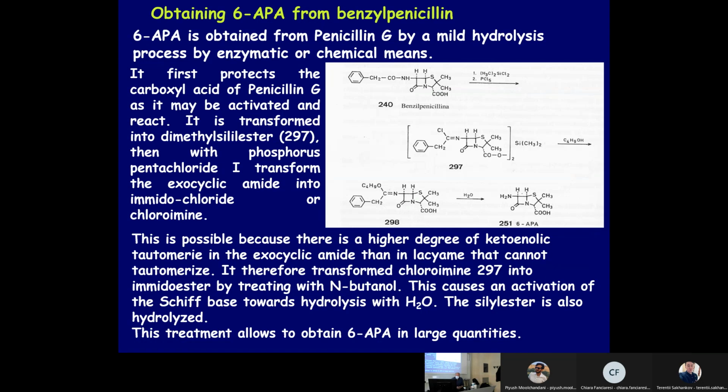It's very interesting. And so you can understand how we can obtain a pure 6-aminopenicillinic acid. It's a very, very, very important synthesis, yes. Okay.